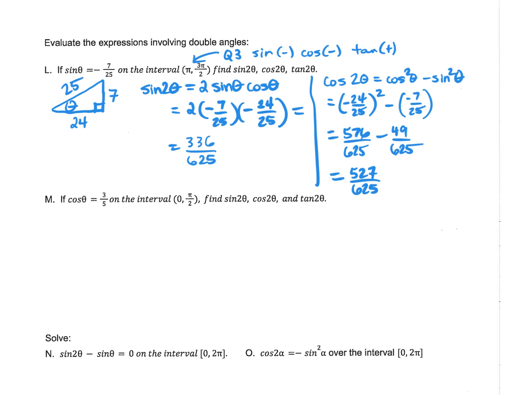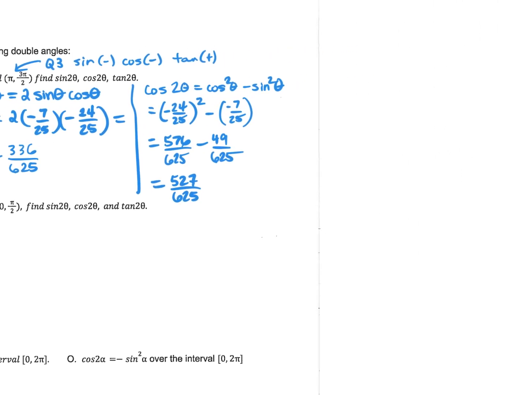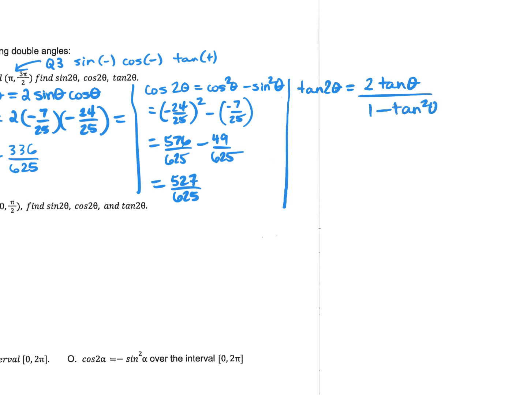Okay, let's finish up with tangent. Tangent of 2 theta. Guys, are you getting the idea that you just plug in the formula? What is tangent of theta from that triangle?